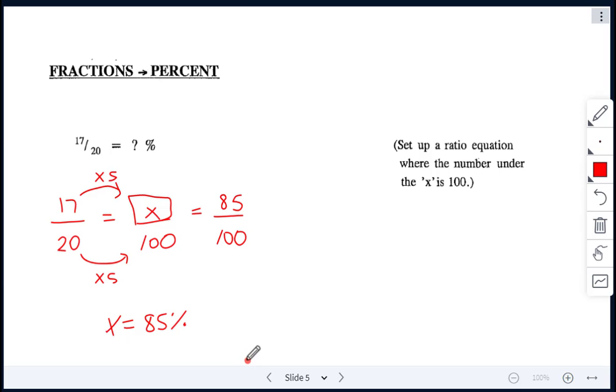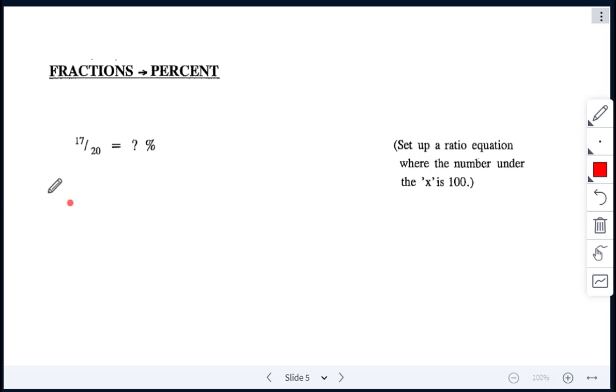So the other way you can figure out x is by cross multiplication. So I'll just quickly show that as well. So we have 17 over 20 is equal to x over 100. So with cross multiplication, you multiply the two numbers that are diagonal to each other.